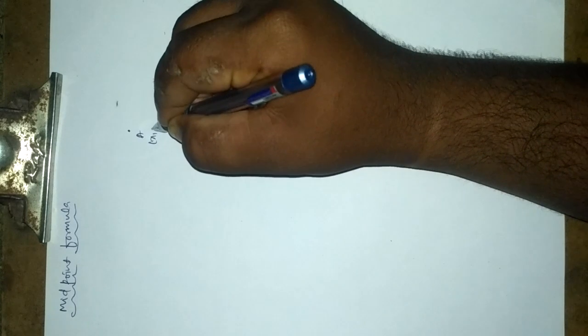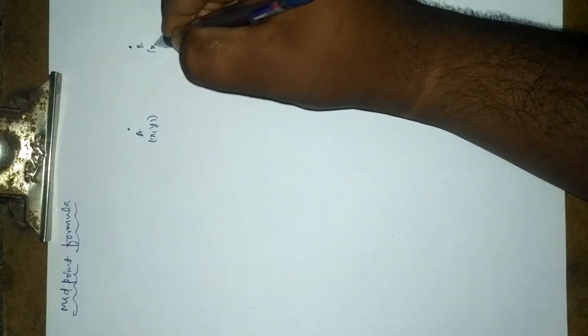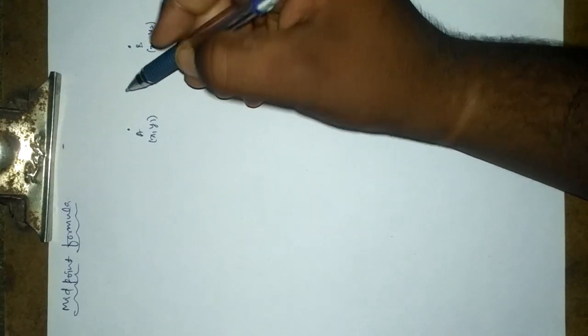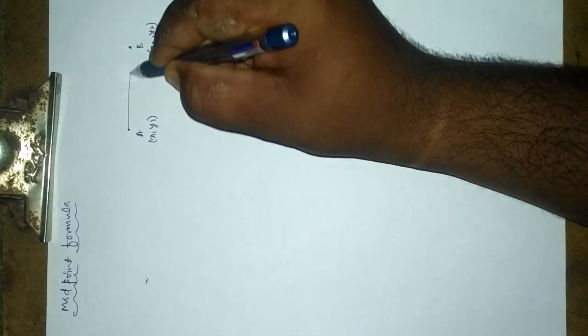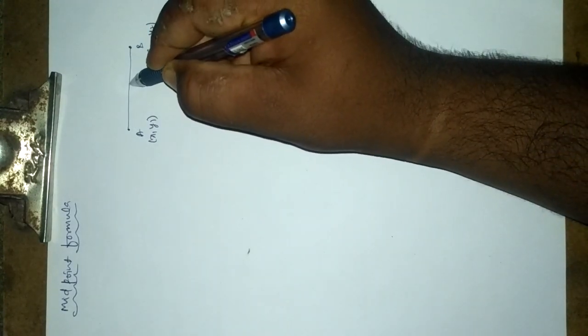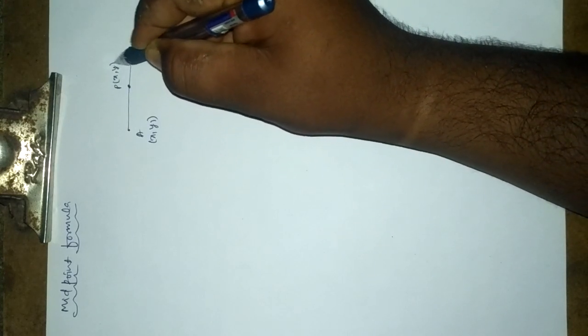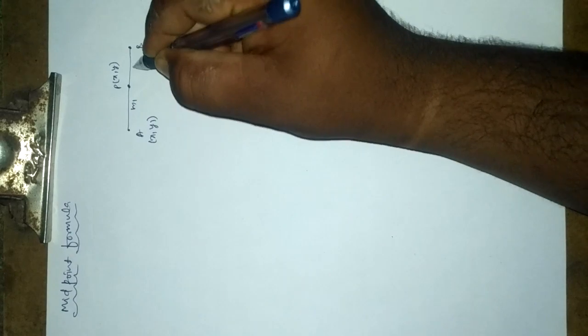Now the next concept is the midpoint formula. We are going to derive the midpoint formula with the help of the section formula only. In the section formula, we took point A as x1, y1 and point B as x2, y2. There exists another point which internally divides the line AB, and we give it the name P of x comma y, in the ratio m1 and m2.